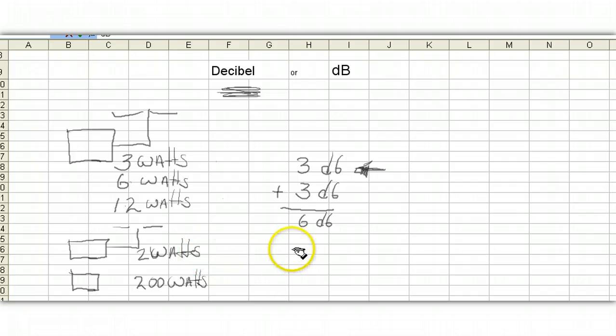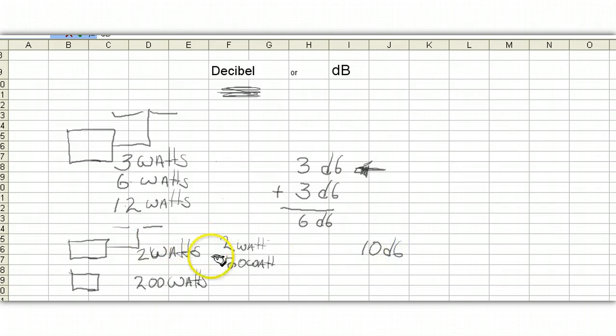Alright, here's the second trick. Notice that this is a huge step. There's a very special case when you increase by a factor of 10, i.e. when you go from 2 watts to 20 watts, you've had an improvement of 10 dB.